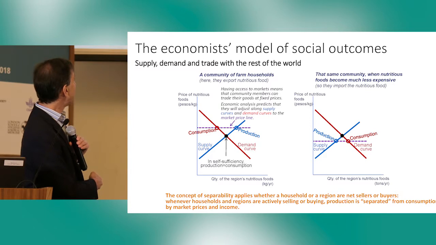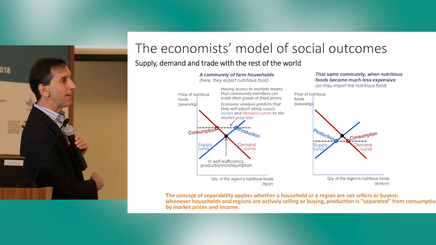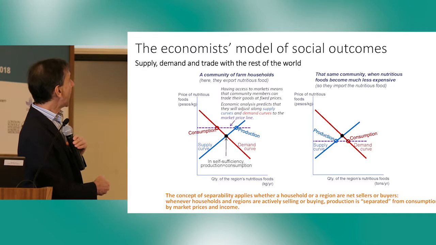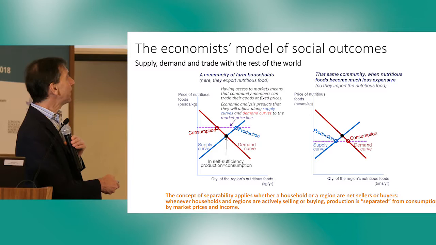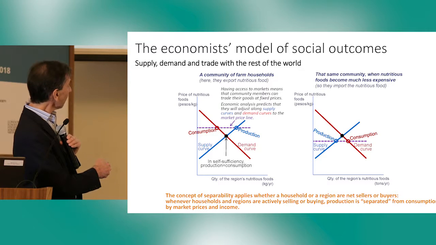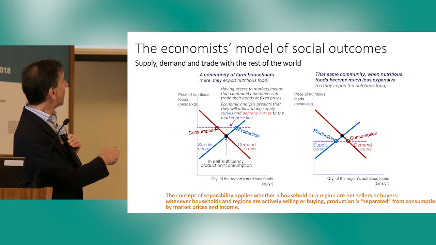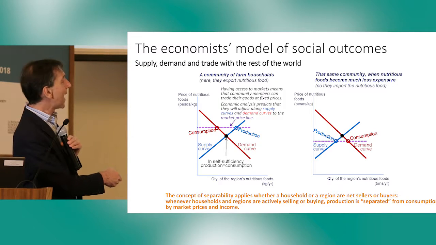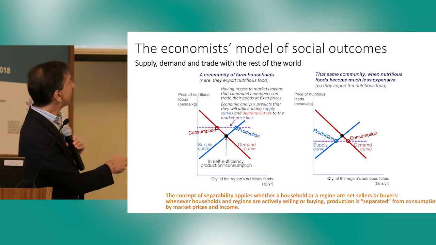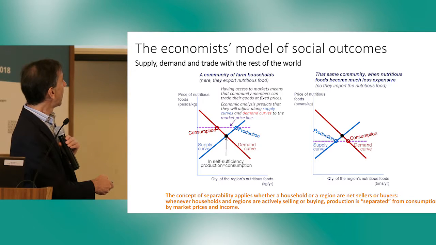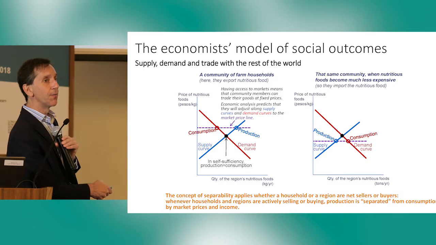The prediction is that there will be this thing we call separability, which is that whenever a household or a place is actively selling or buying, production, the blue, is separated from consumption, the red, by market prices and incomes. Separability means that I choose where to produce even before I know where I'm going to consume.